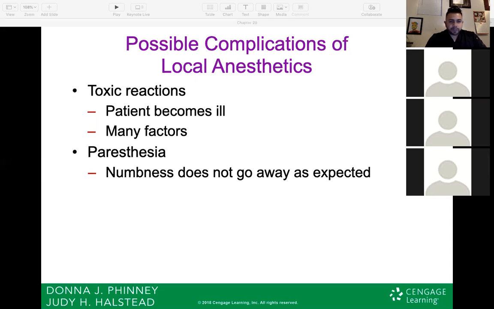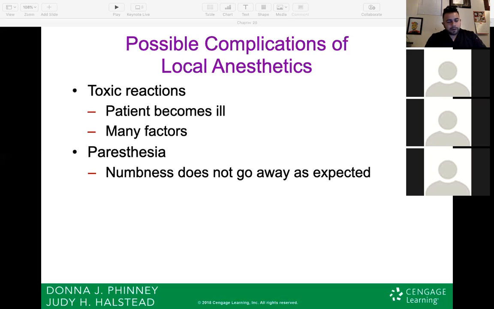Epinephrine is a natural hormone that we make in our bodies. It's actually adrenaline, and that epinephrine is used as a vasoconstrictor. Sometimes that epinephrine can get into the bloodstream, and it can cause the person to be very shaky, or it can cause their heart rate to increase. So this is one of the toxic reactions that can happen.